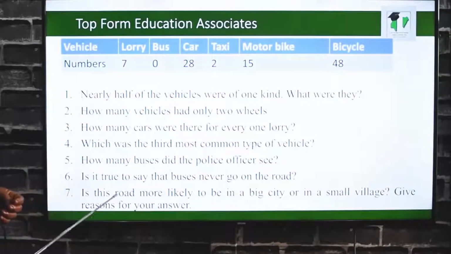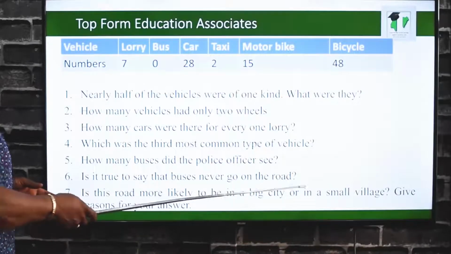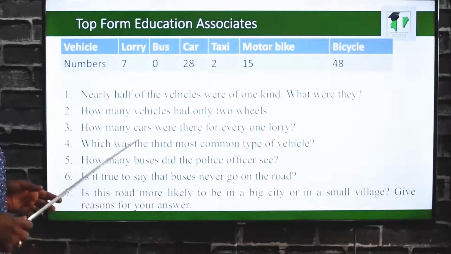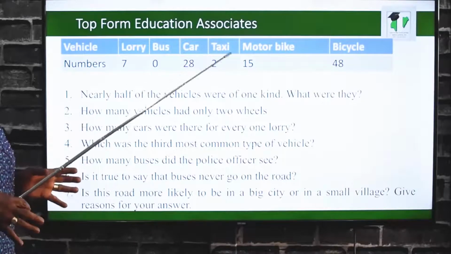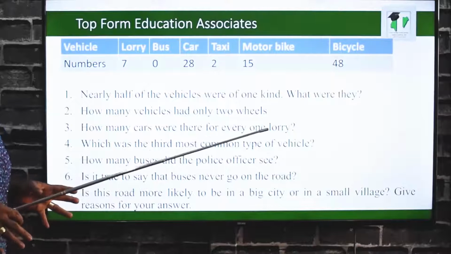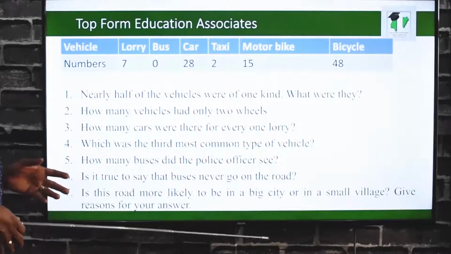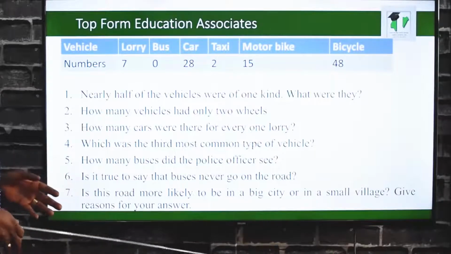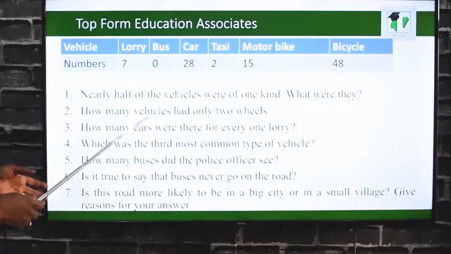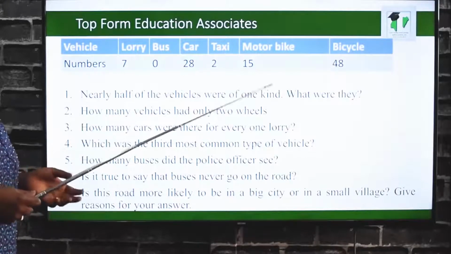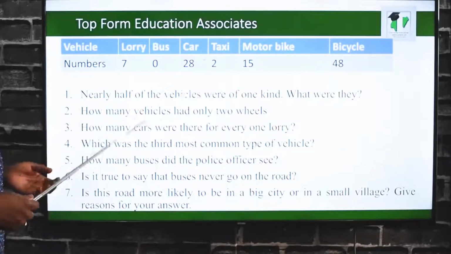Question number 7. Is this road more likely to be in a big city or in a small village? Now let's look at the frequency table again. If this road were in a big city, we would see taxis and cars more than motorbikes and bicycles, because in a big city, taxis are used frequently, cars by workers and so on.